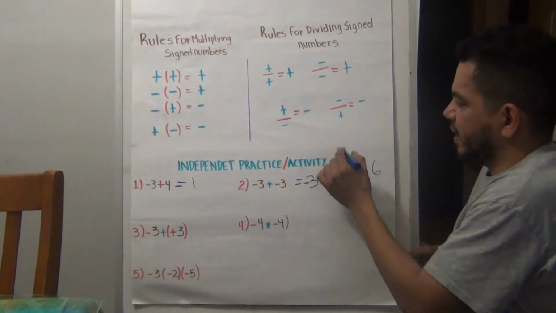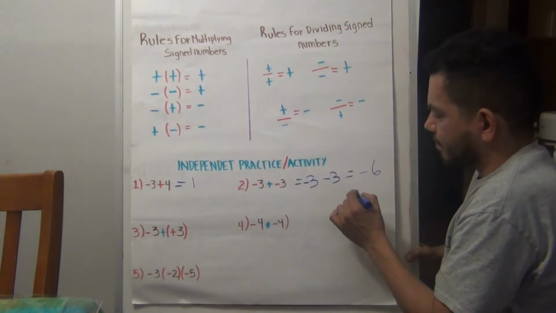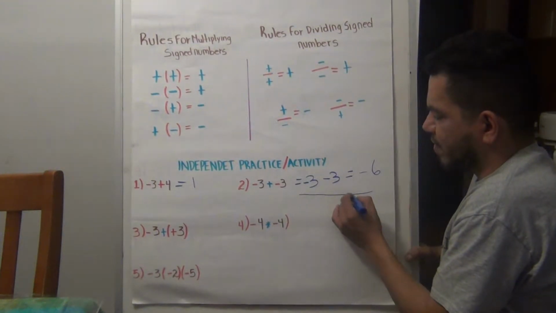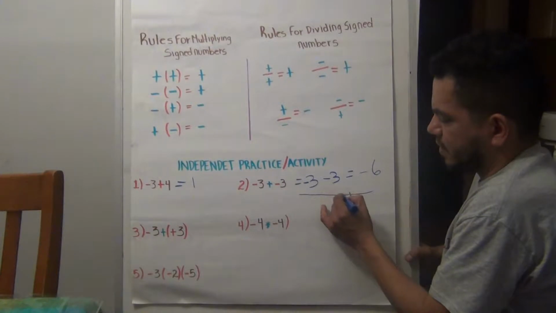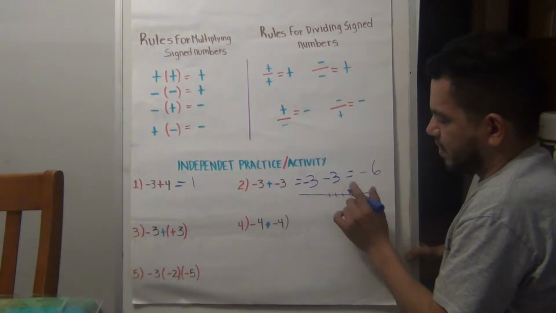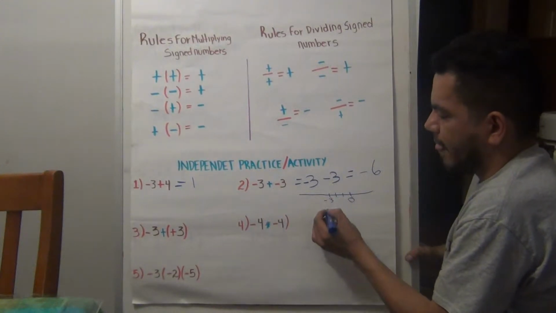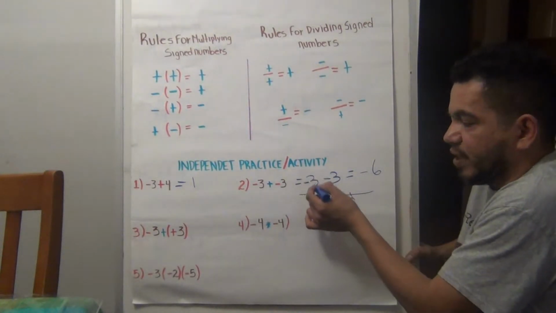On the number line, let's say you have the number line right here. So this is 0 and this is 1, so this is negative 3. You are at negative 3, that's where you start.